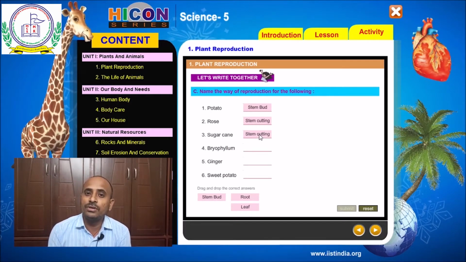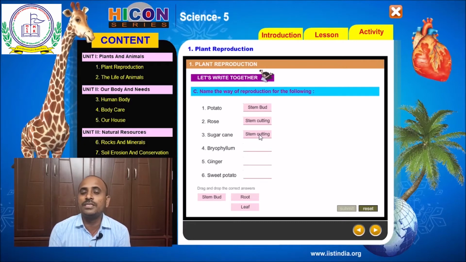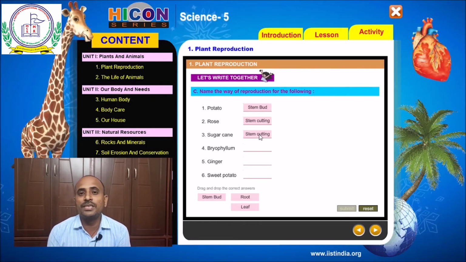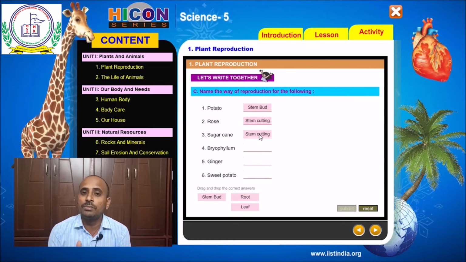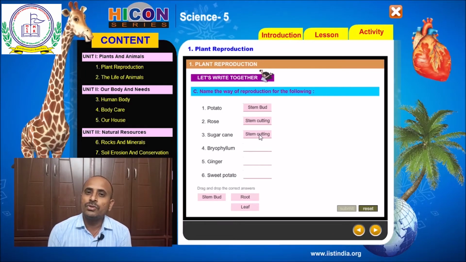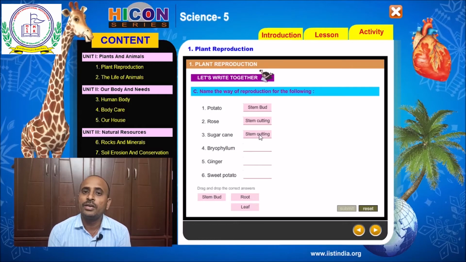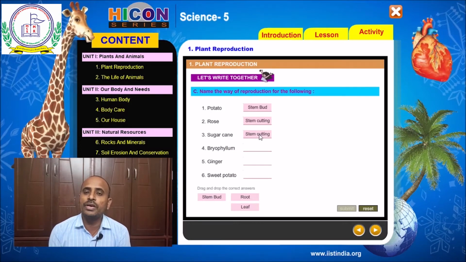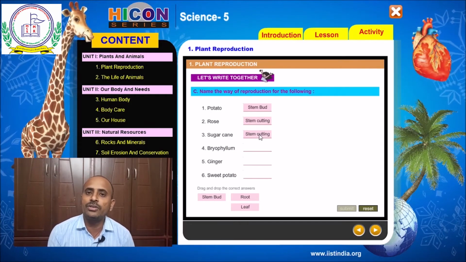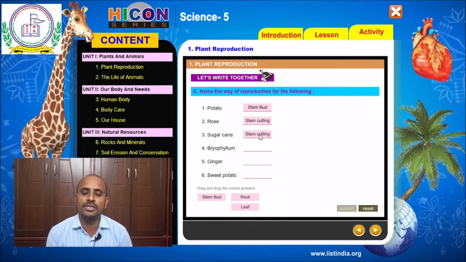So we have to cut the stem into small pieces. Those small pieces of stem are called stem cuttings. If we plant the stem cutting of sugar cane, we will get a new sugar cane plant. So sugar cane also produces a new plant from its stem cutting.